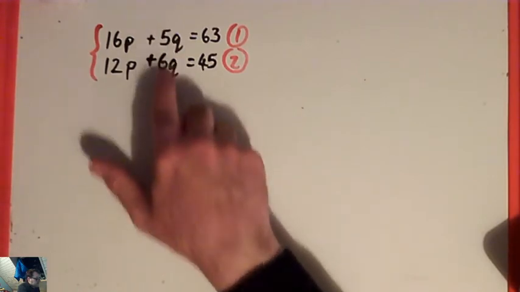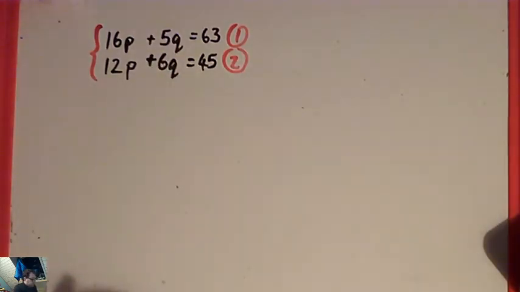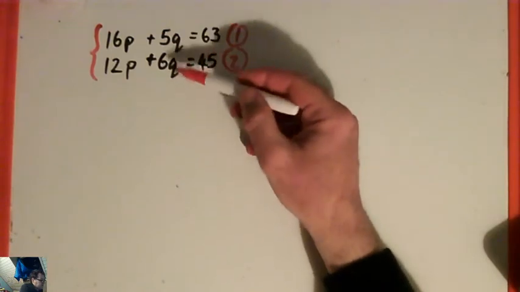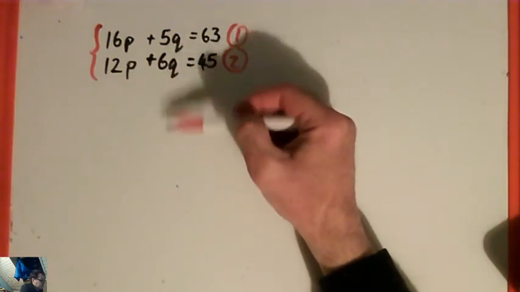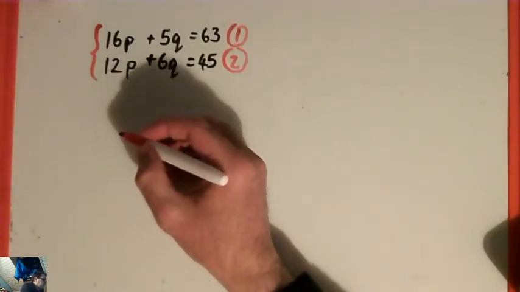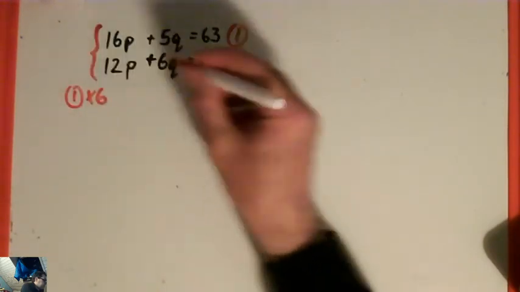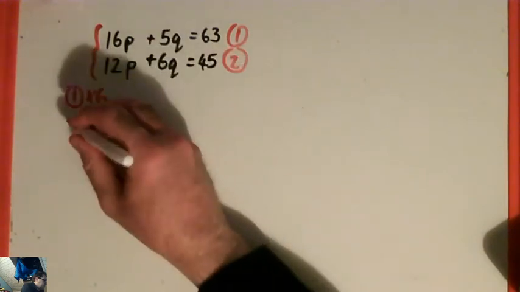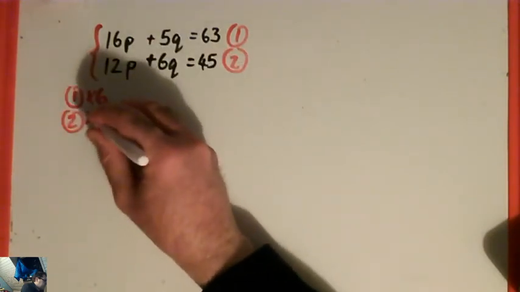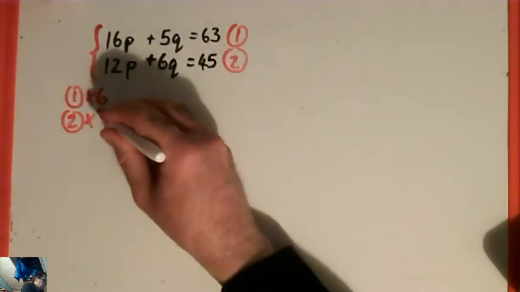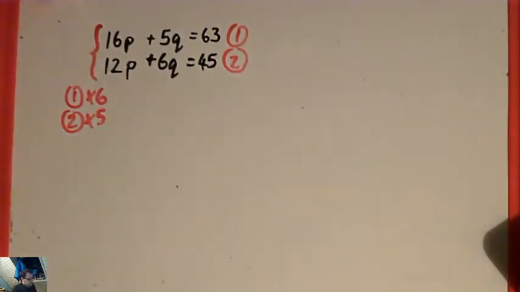So 5 and 6 both go into 30, so I'm going to try and multiply these equations up so that they both have 30q in them. So everything in equation 1 times 6 will give me a 30q, and everything in equation 2 times 5 will give me a 30q. So let's try and do that.